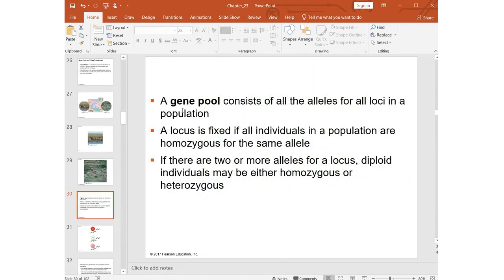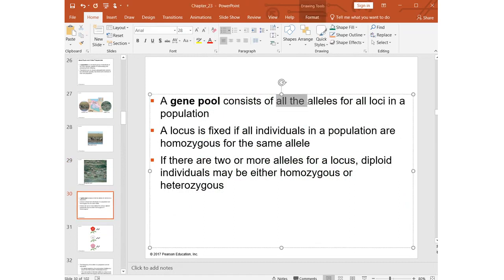So a gene pool is all of the alleles for all loci in a population. And a locus is called fixed if all the individuals in a population are homozygous for the same allele.